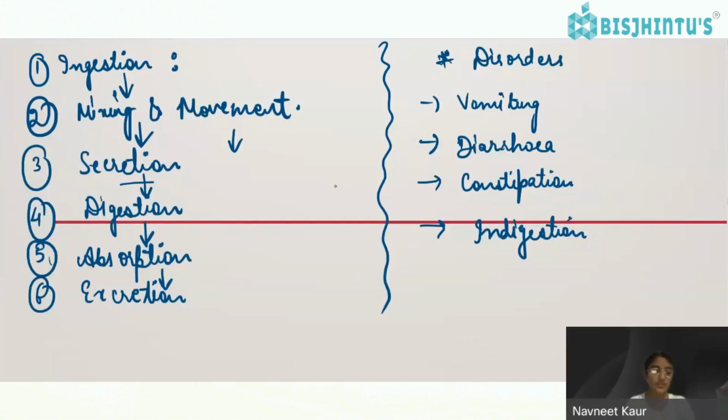Okay, so my dear student, this was all about the digestive system. In today's lecture, we had covered the digestive system. What we have learned is, first of all, we had learned about the importance of life processes. हमें ये life processes क्यों important होते हैं? Next, we have learned about the nutrition, which is of two types: autotrophic and heterotrophic. Autotrophic में हमने पढ़ा कि जो green plants होते हैं that utilize carbon dioxide and water and lead to the formation of carbohydrates in the presence of sunlight and chlorophyll.